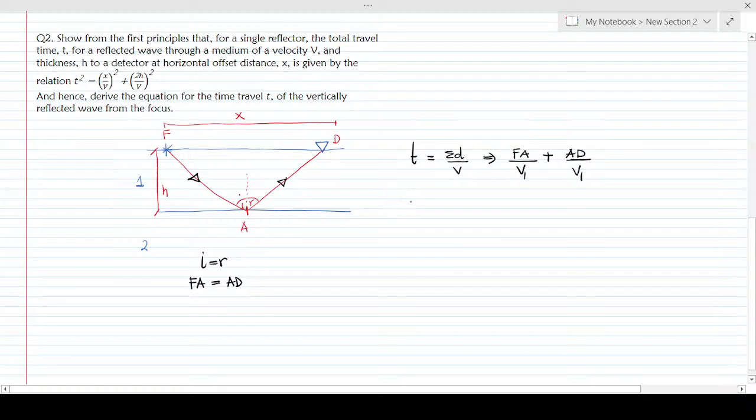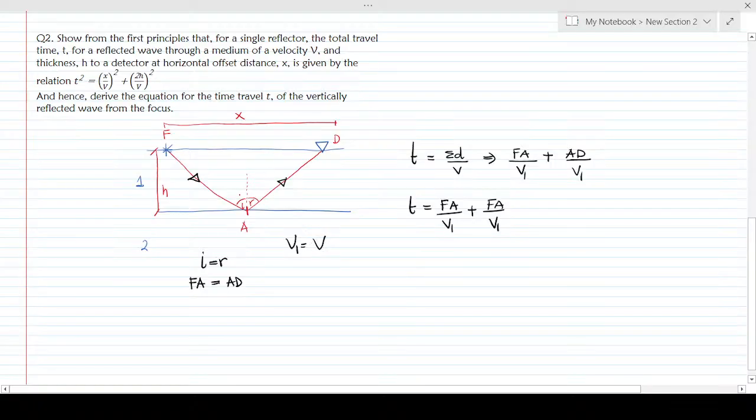So we put it here. I can say T is now equal to FA over V1 plus, I can say AD is the same as FA, over V1. Now here, the question specifies that our V1 is V, so we have to obey the instructions of the question.